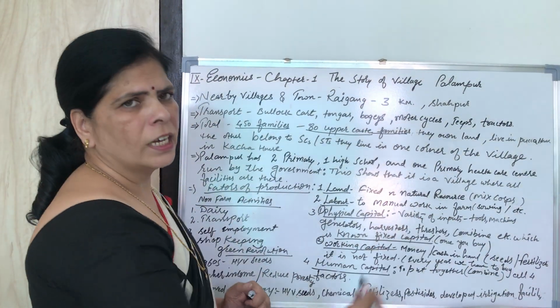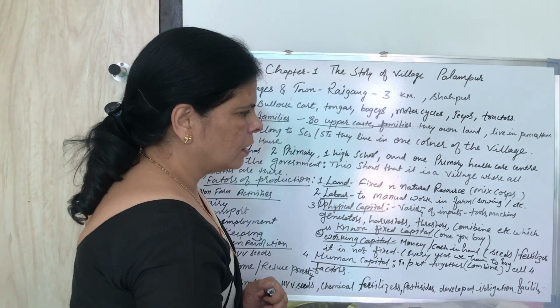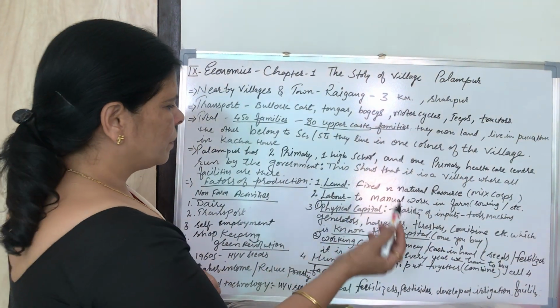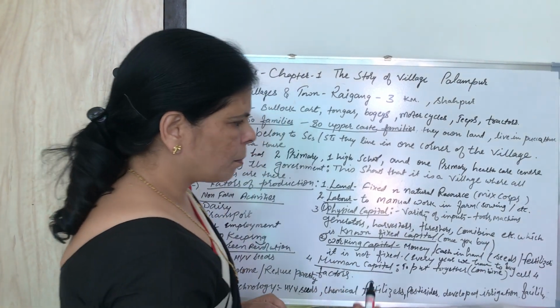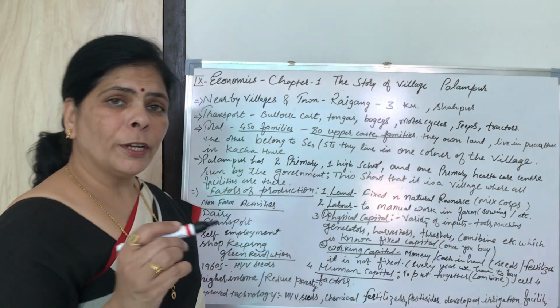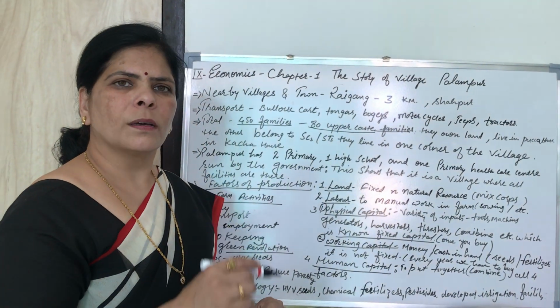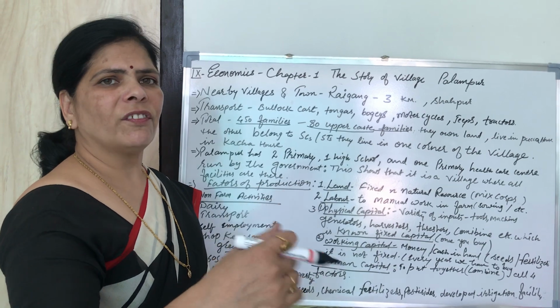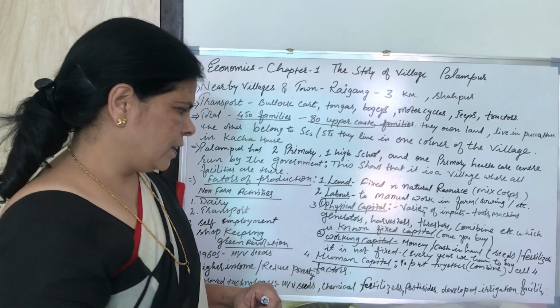When we talk about agriculture, we need some fixed capital, that is tools, machines, generators, harvesters, threshers, combines, etc., which will be known as fixed capital. Once we invest the money in that, it will keep working every year.